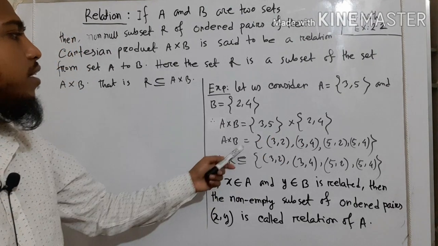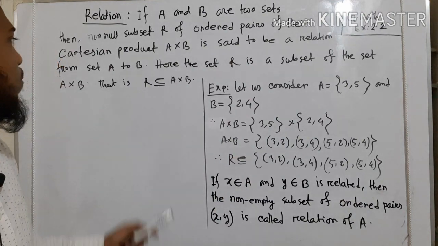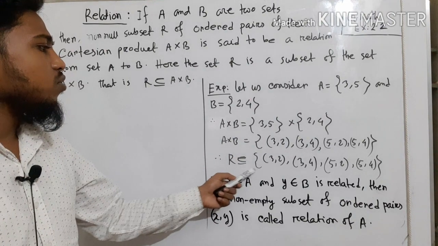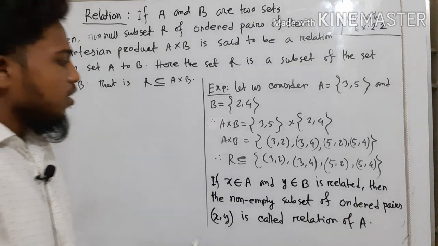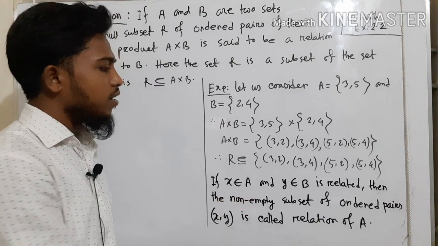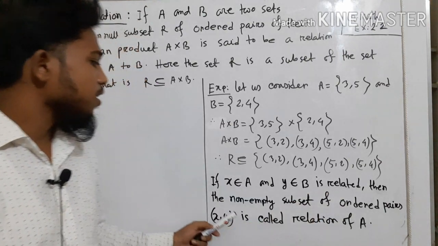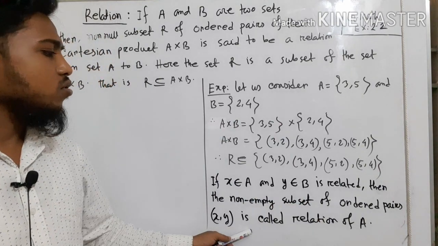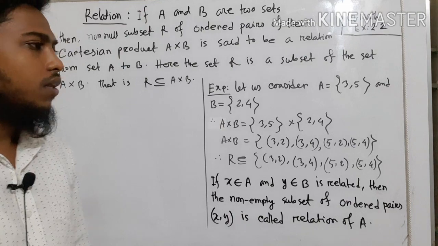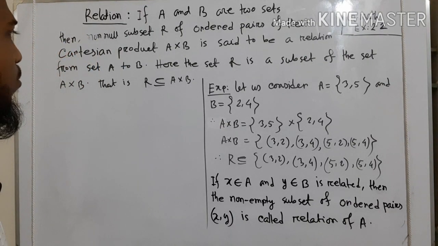So we can write according to the Cartesian product this. So R is a subset of this Cartesian product. If x is in A and y is in B are related, then the non-empty subset of ordered pairs x, y is called a relation of A. Dear student, now I will give you some conditions of this relation.